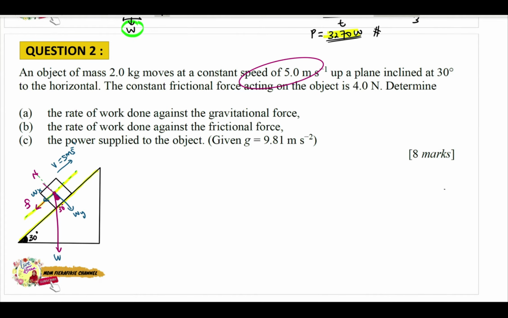Now for question A, we want to calculate the power, the rate of work done against the gravitational force.